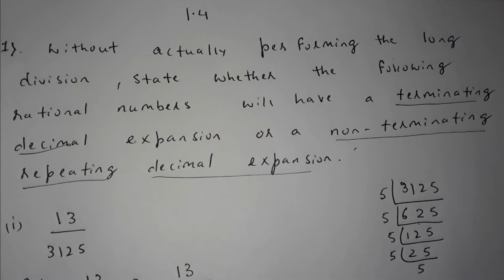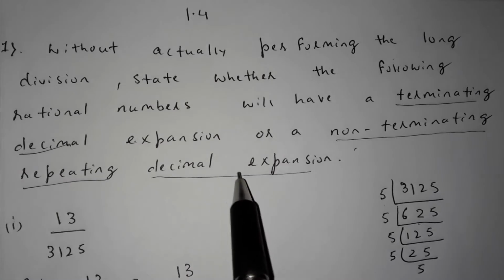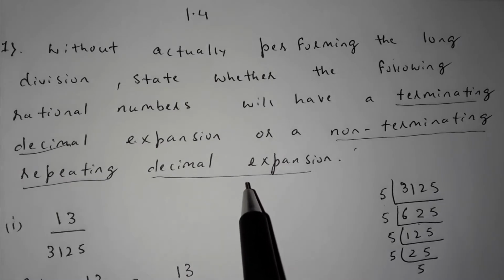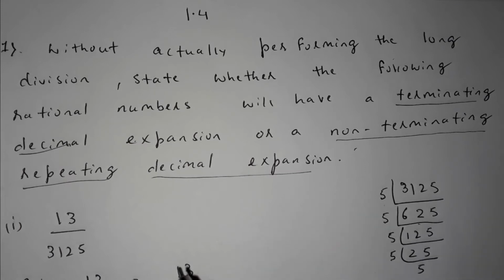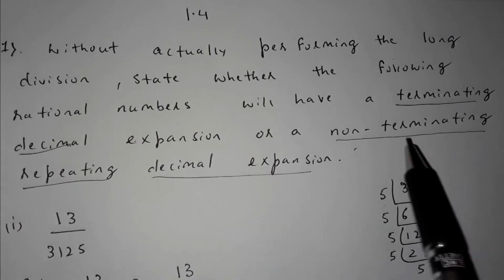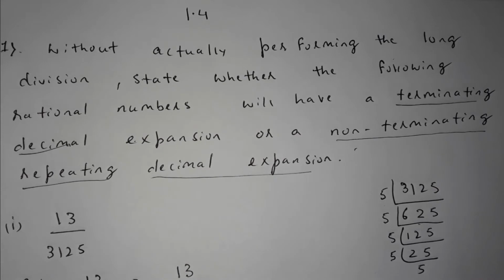Rational numbers will have a terminating decimal expansion or a non-terminating repeating decimal expansion. Remember, terminating decimal means rational number. Non-terminating but repeating decimal expansion, also a rational number. The one which is not a rational number is non-terminating, non-repeating.